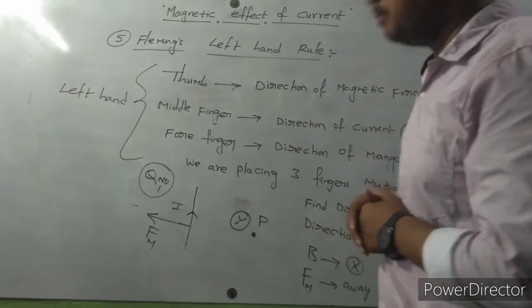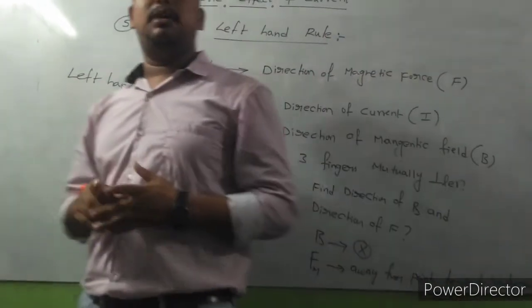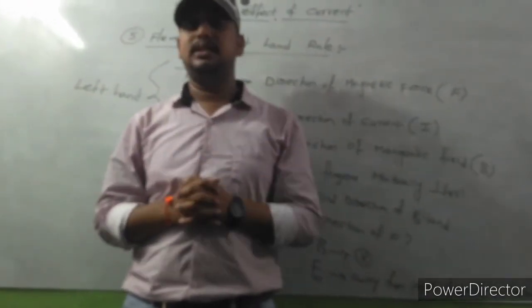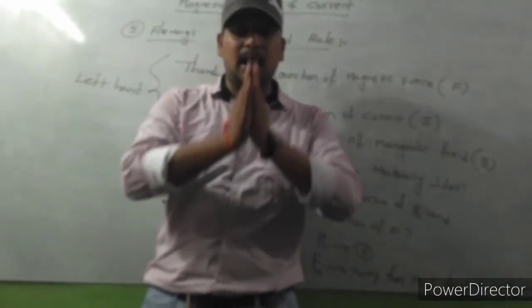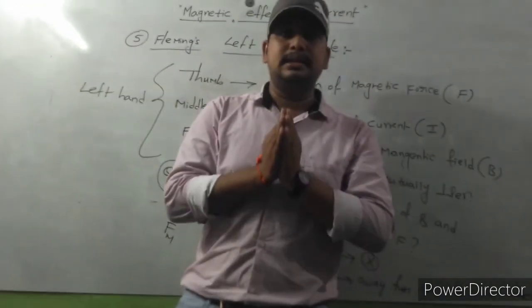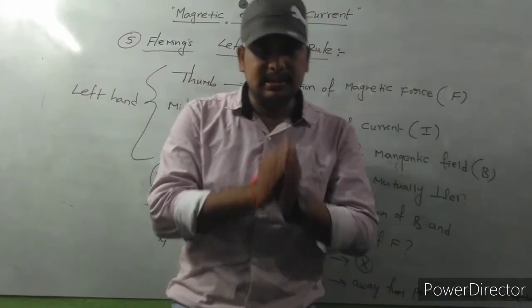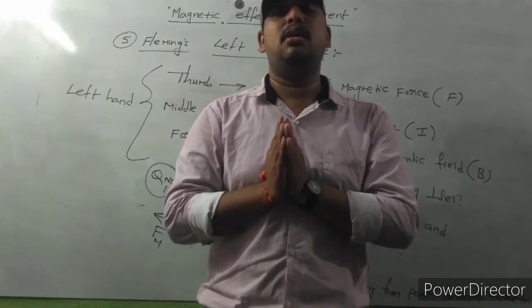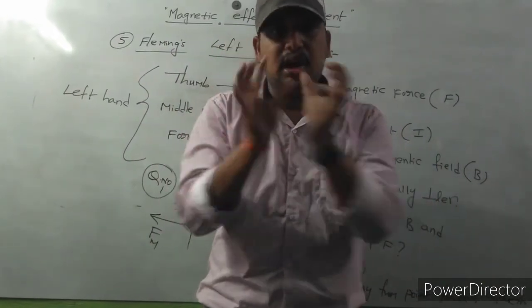So this is the concept of Fleming's left hand rule and Fleming's right hand rule. I hope all of you understood this. My dear students, my humble request: you should watch this lecture at least 3 to 4 times, because these directions are confusing.